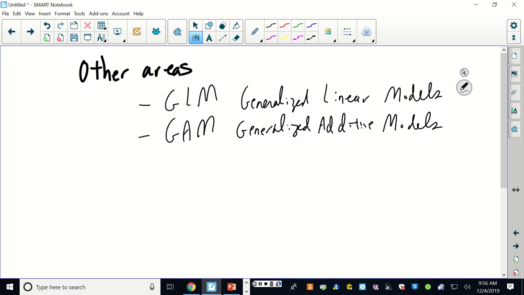So you can do that analogous to linear regression or logistic regression, and have these very flexible curves there. There's a number of things that are modeled as mixtures or with some type of latent structure.